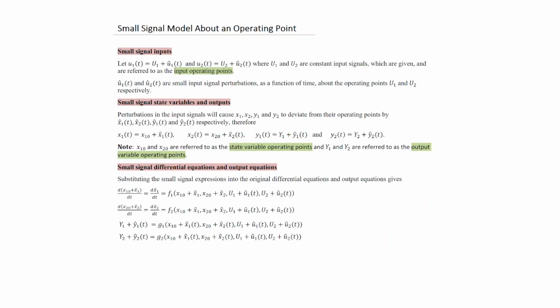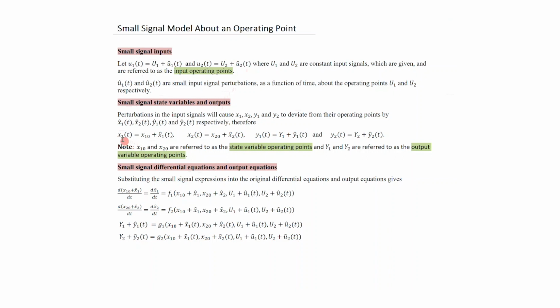Okay, so next step, basically, we've got our operating points. Now we have to deal with the small signal. So this is a slide which I'm repeating again. So small signals, basically, we said U1 is replaced by U1 steady state plus small perturbation. Similarly, U2. And these are functions of time. Small signal state variables and inputs.